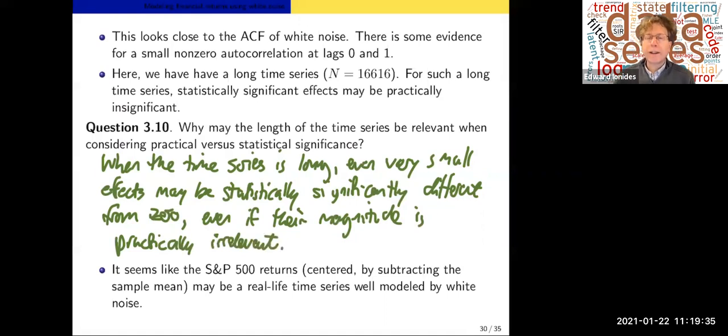Okay, so it looks like the random walk with drift model for the S&P 500 has more or less passed that test. It's well modeled by white noise, by that diagnostic test.